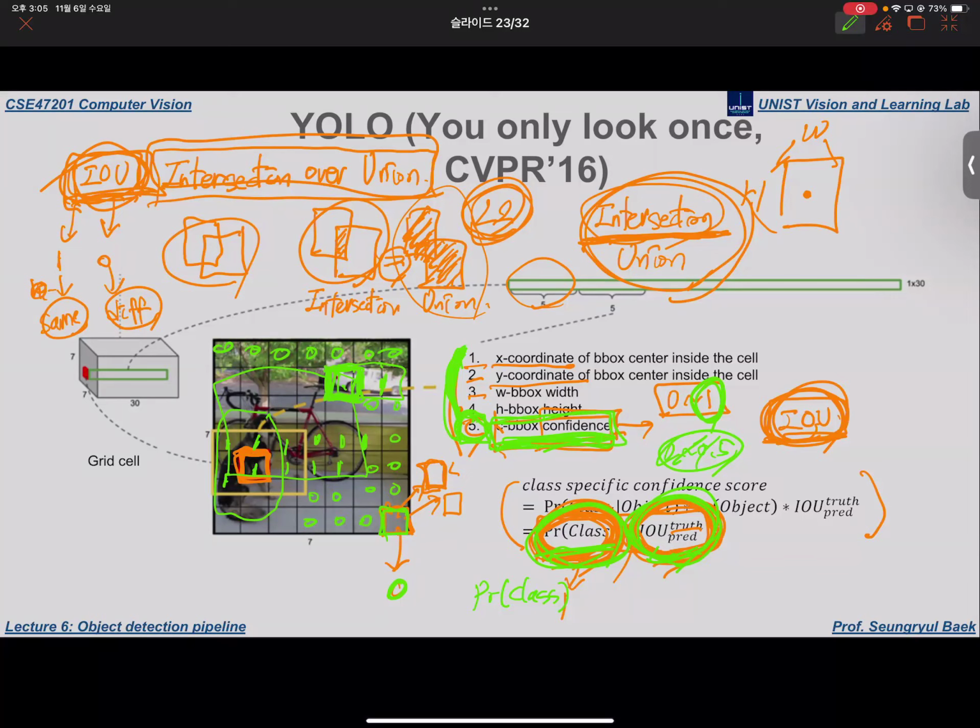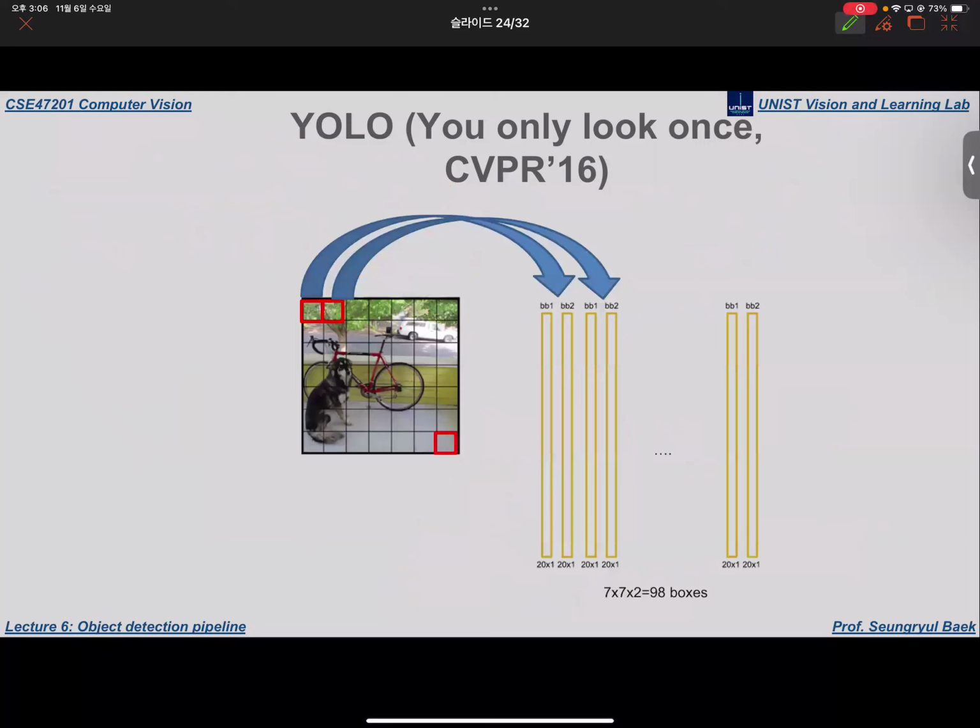Okay, so that is YOLO. Because of that, each bounding box has 5-dimensional information for the YOLO prediction. For each bounding box, we estimate a 5-dimensional vector, and we also classify each grid using the number of classes.